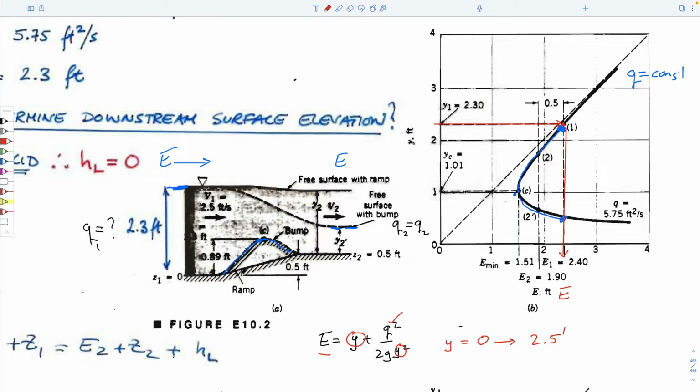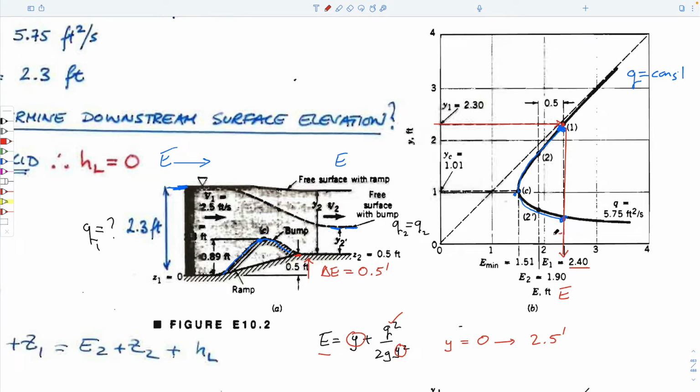But we could also look at what the height of the flow should be as we get to this downstream point here. And so the energy here has changed by delta E equals 0.5 feet. So this is the value of energy we started off at, which is 2.4 feet, which is just the reading that comes from going across from here and down.